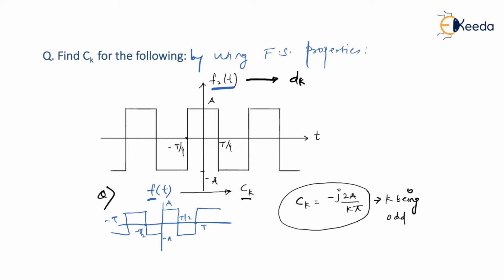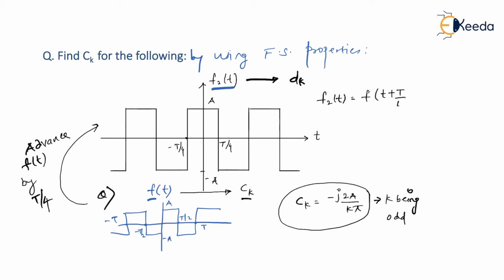If you observe carefully, if I advance f of t by T by 4, then you will get f2 of t. And I'm sure you remember how we really advance it, right? So whenever you want to advance it, I can write f2 of t in terms of f of t like this. f2 of t is simply f of t plus T by 4.